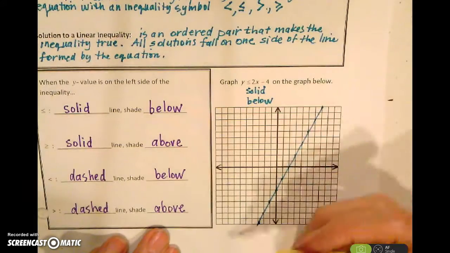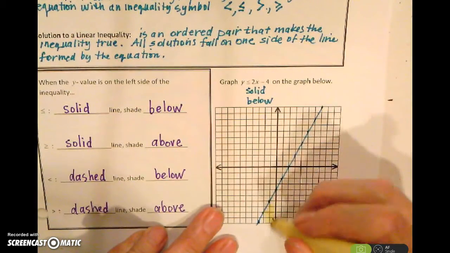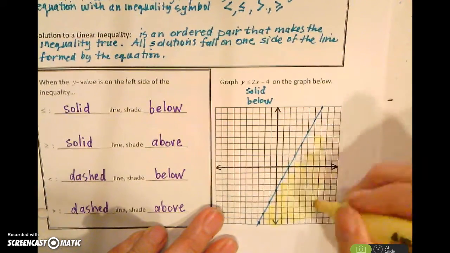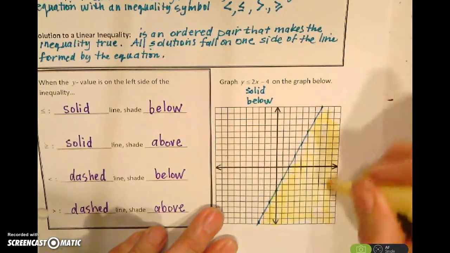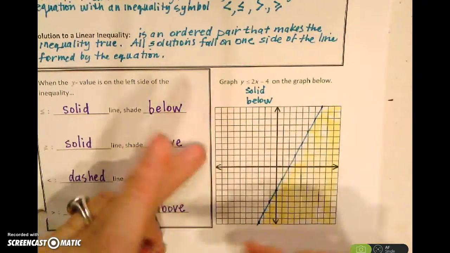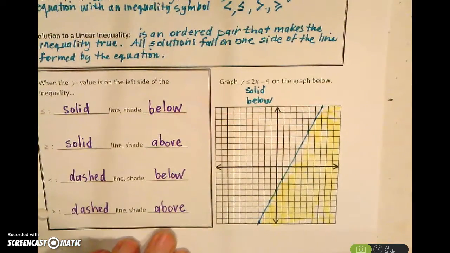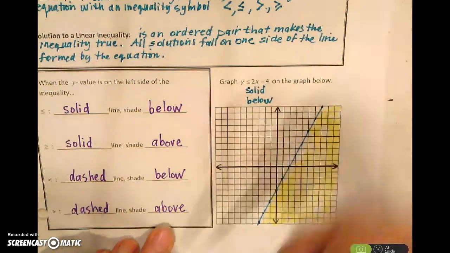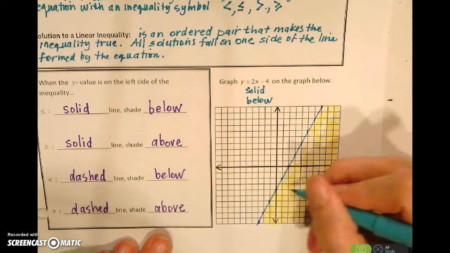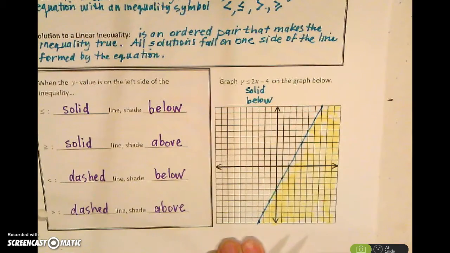So I've drawn my solid line, and now I'm going to shade below. So we shade it this way. Every point that falls below the line will be a solution to my inequality, and you can test a few to see how that works. Throw any of these points in there, and you'll see that they test.